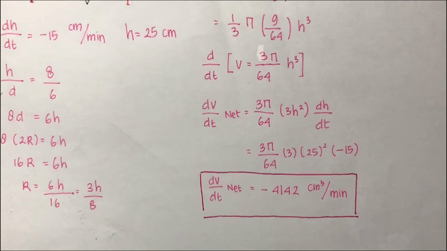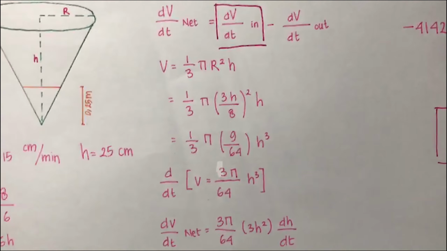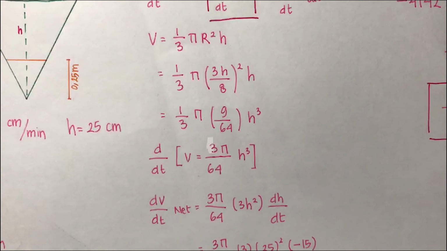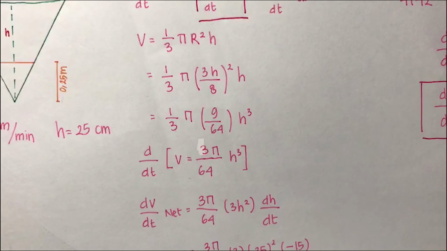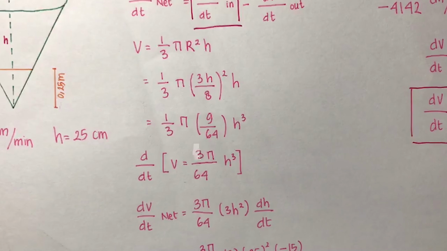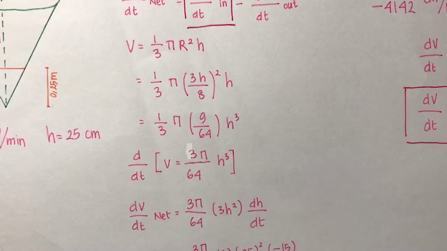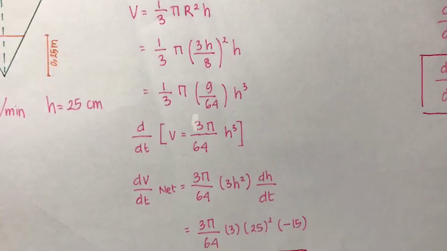Then we put this r into the volume, and we will find the volume as 1 over 3 times pi times 9 over 64 times h to the power 3.